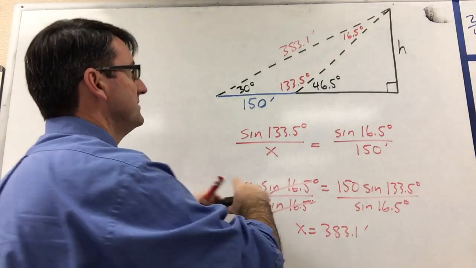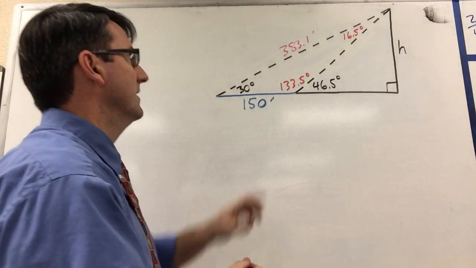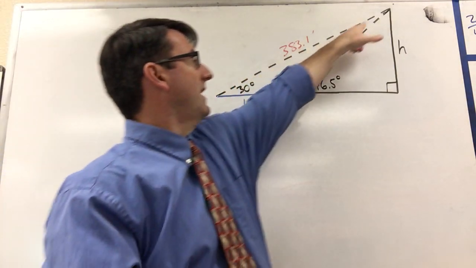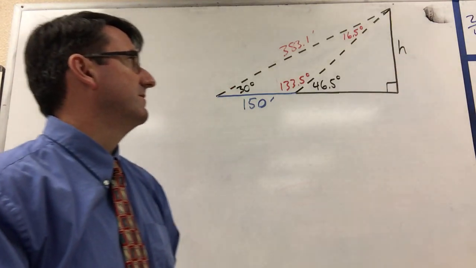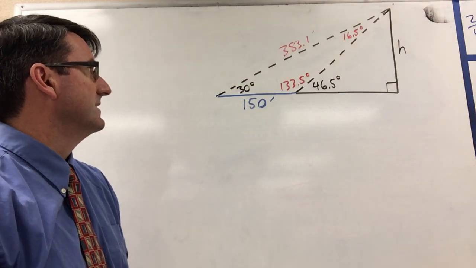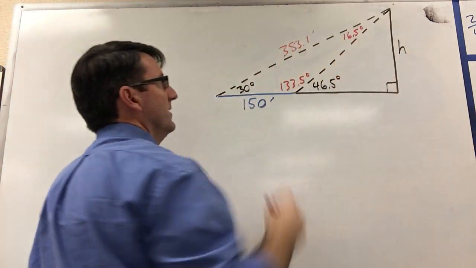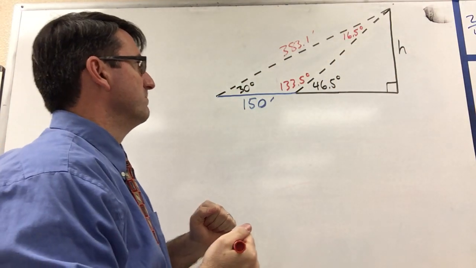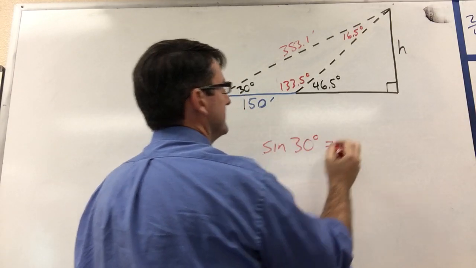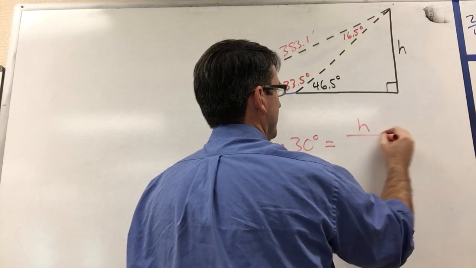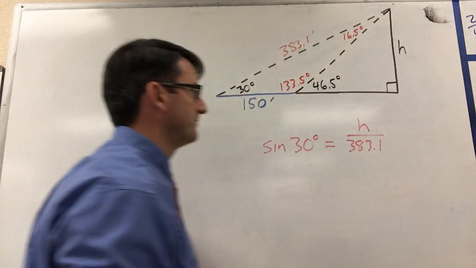All right, now we have enough information to find h. Because we know the hypotenuse of this big triangle, we know it's a right triangle, we're trying to find h, and we also know this angle down here. So from this angle, this is the opposite side, and we know the hypotenuse, so we're going to use sine. The sine of 30 degrees is going to be equal to the opposite side, which is h, divided by the hypotenuse, which is 383.1.